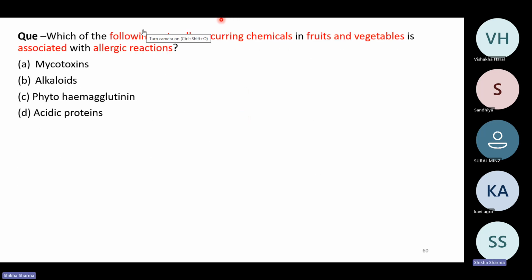Let's discuss this question. Which of the following naturally occurring chemicals in fruits and vegetables is associated with allergic reactions?